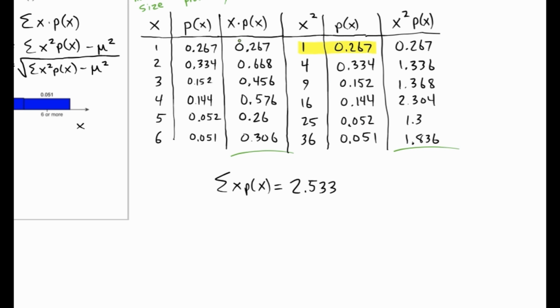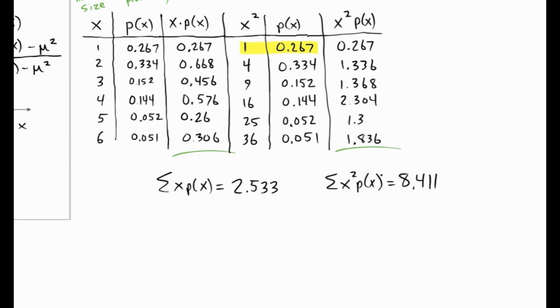Now we just want to add them up and get what's called the sum of x squared p of x. I'm getting 8.411. And now we just want to put that into the formula for the variance. The variance has this formula.